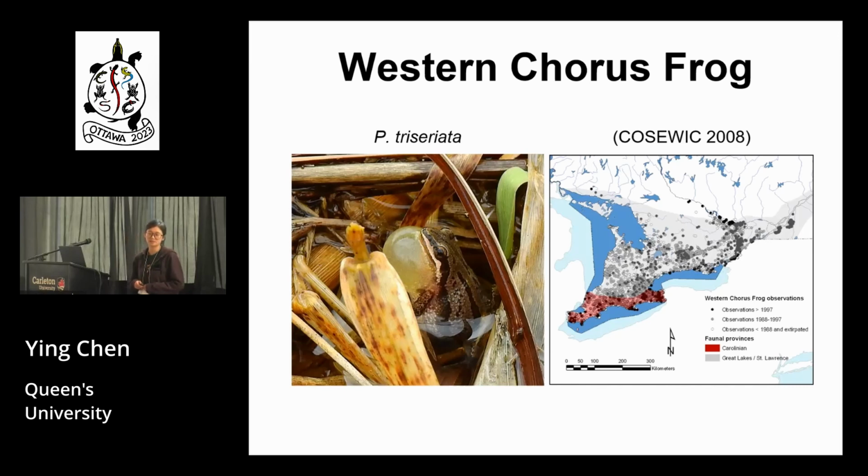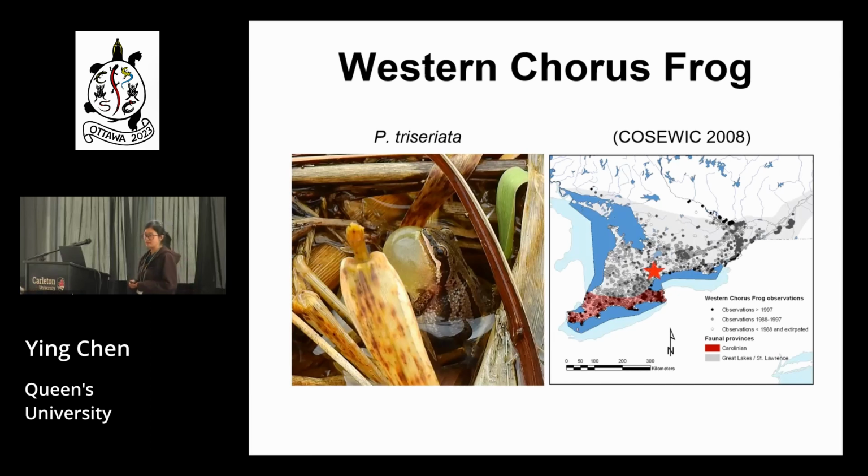Some authorities have already listed the Great Lakes populations as boreal forest frog based on the mitochondrial DNA, while the nuclear DNA shows that the Great Lakes populations are more closely related to the Carolina population, shown in red, than to the boreal forest frog from Western Canada. So to facilitate conservation and understand evolutionary history, we are working to generate a reference genome.